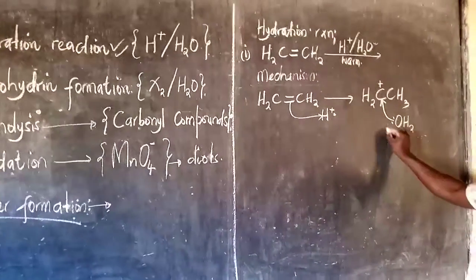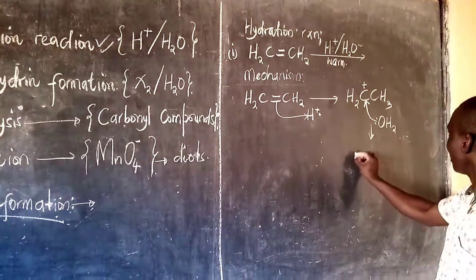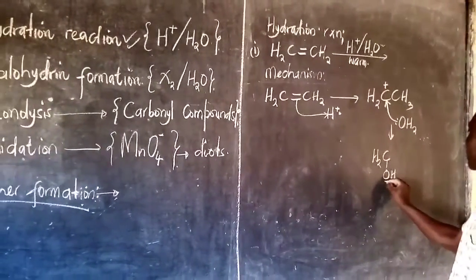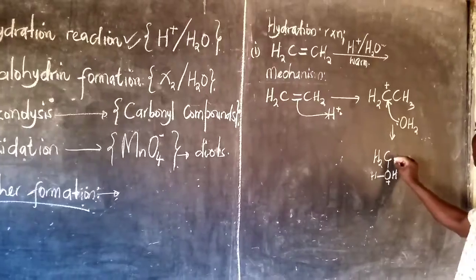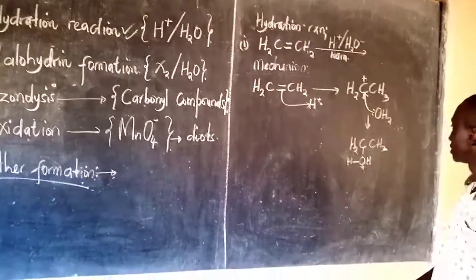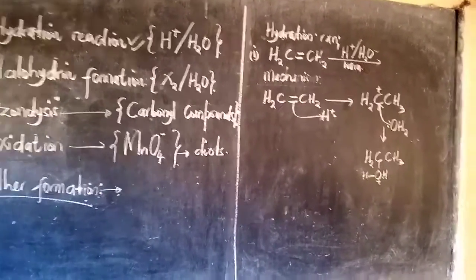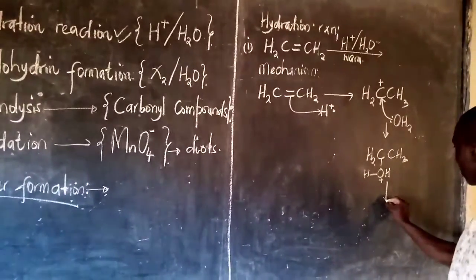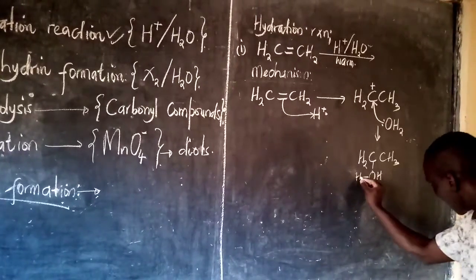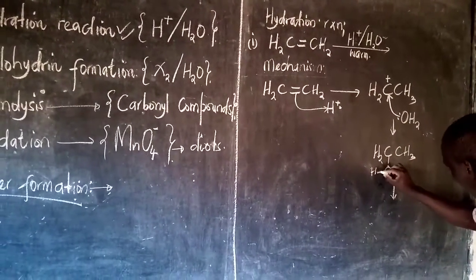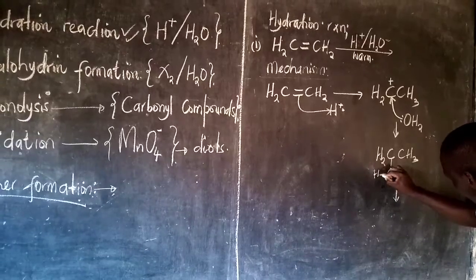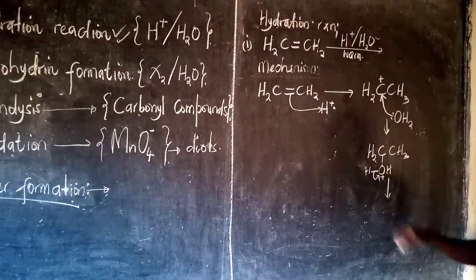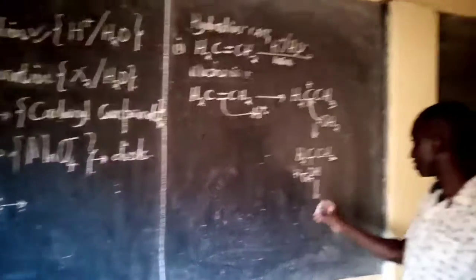And what we come up with is CH3, CH2, oxygen, plus hydrogen, H. The last step simply generates a proton by giving the electrons in this bond back to oxygen, so that we take away the positive charge that is there.